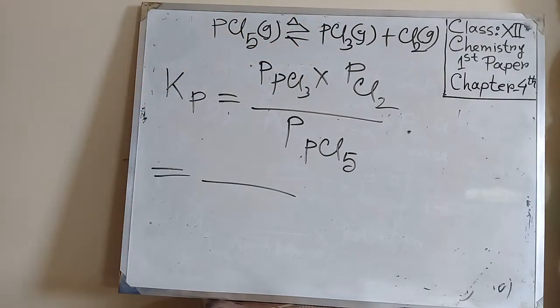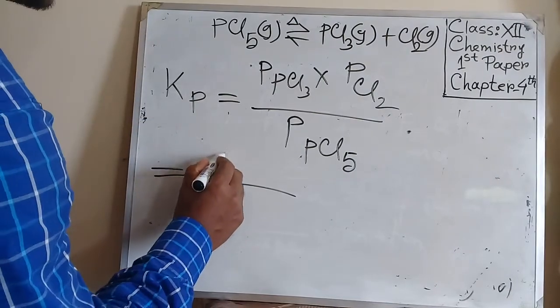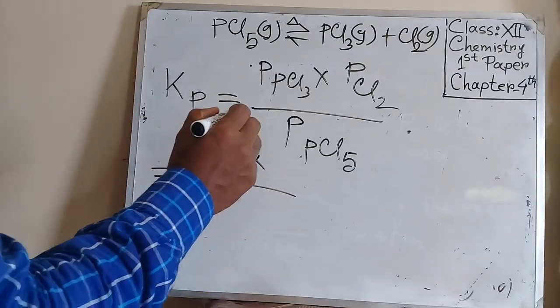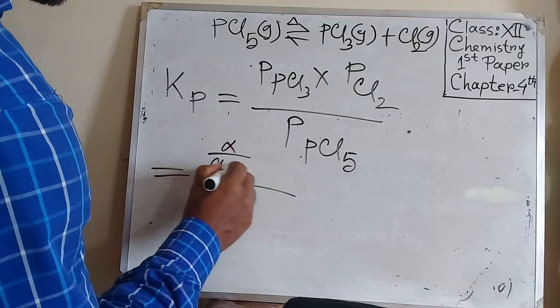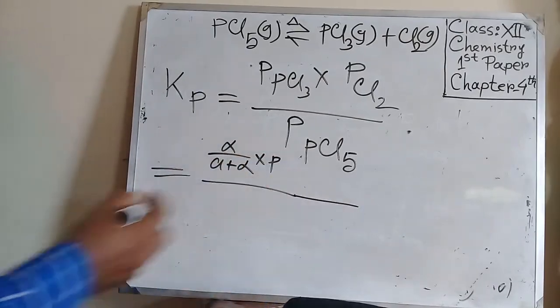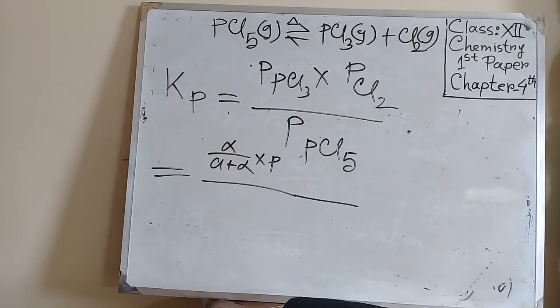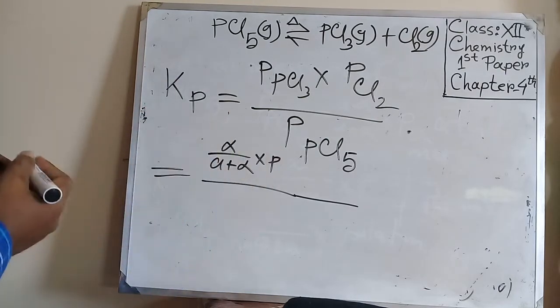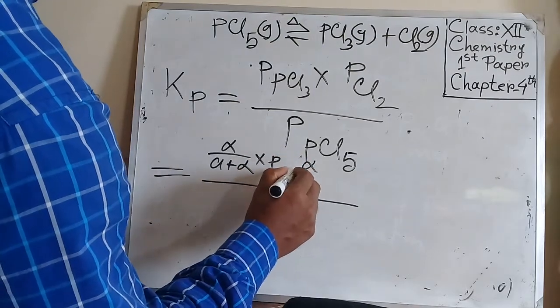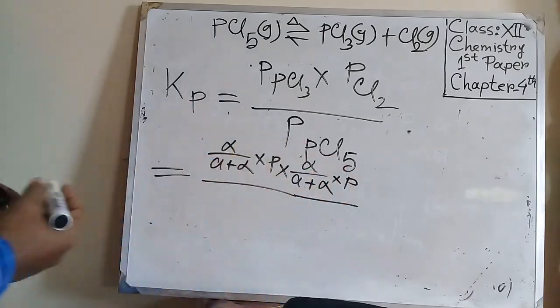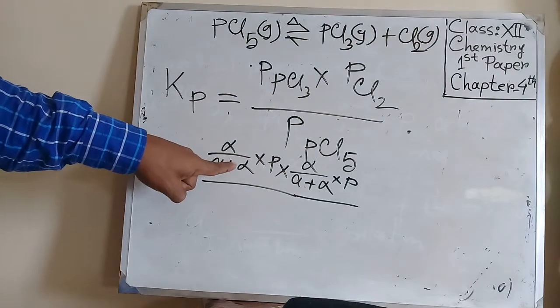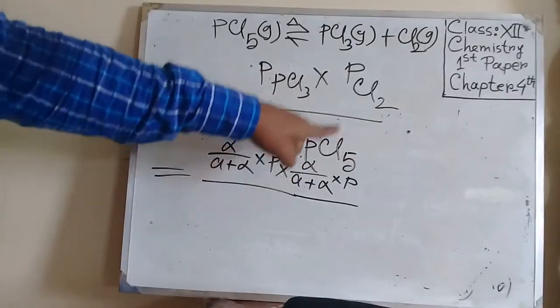So it will be: alpha by A plus alpha into P, this one, and for chlorine we will get similarly alpha multiplied by A plus alpha into P. This one is the partial pressure of phosphorus trichloride and this one is the partial pressure of chlorine.